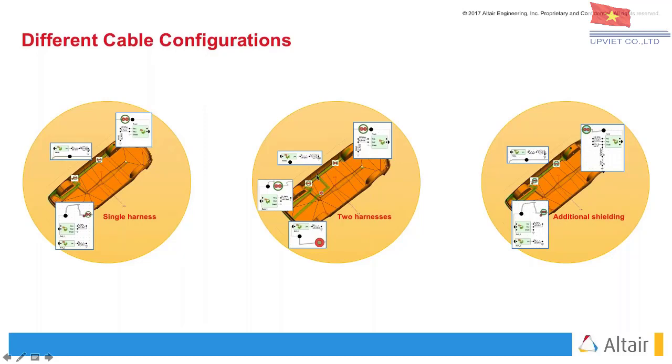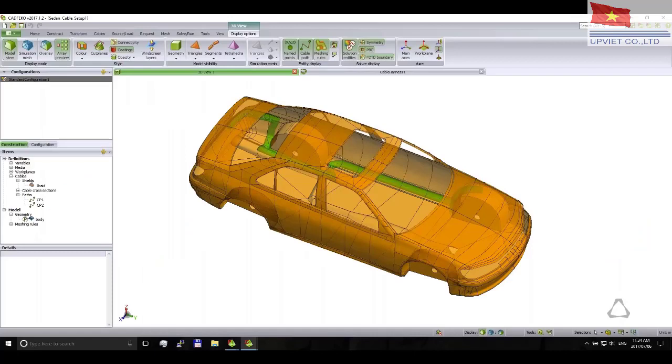In the second case, we split the harness around the center and run a second harness down the middle of the vehicle. And the third case is the same as the first case, where we add some additional shielding. In all three scenarios, we introduce an excitation at the middle connector. This is responsible for our radiated emissions.